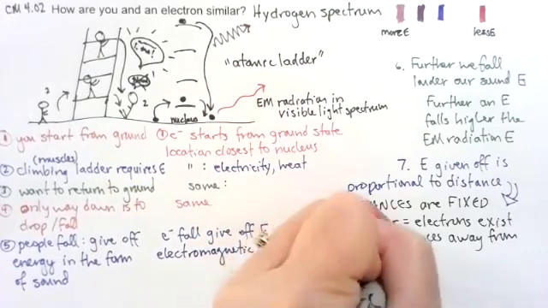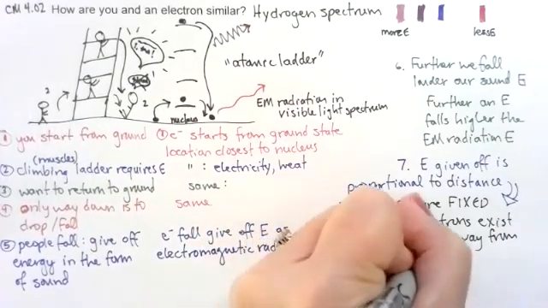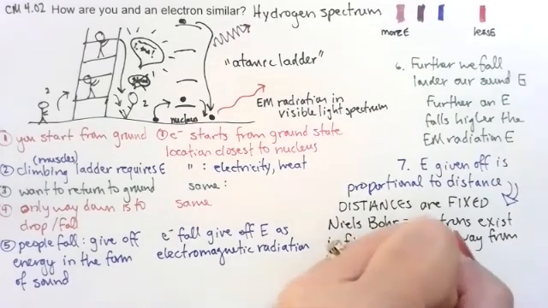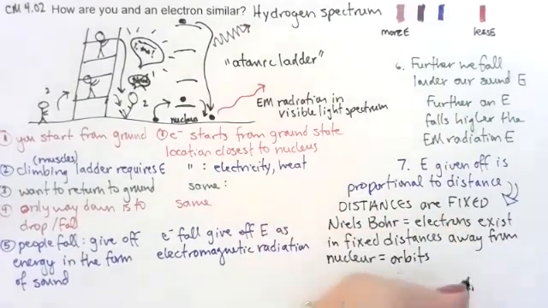And he called these orbits, because what he envisioned was a nucleus, and then an electron that orbited around the nucleus at this fixed distance. And he was partially right. We're going to learn in a couple of lessons what he was right about and what he was wrong about.